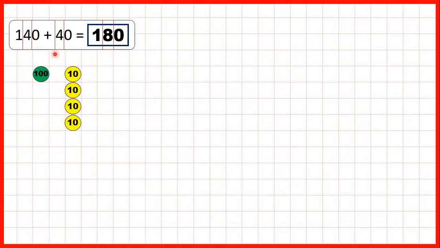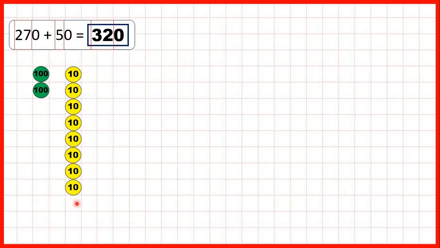We can also show the addition using place value counters. So here we started with 140, and adding 40 means we were adding 4 tens. So that gives us 180, so 1 hundred and 8 tens as our answer. Then we had 270, so that's 2 hundreds and 7 tens, and we were adding 50. So we need to add 5 tens.